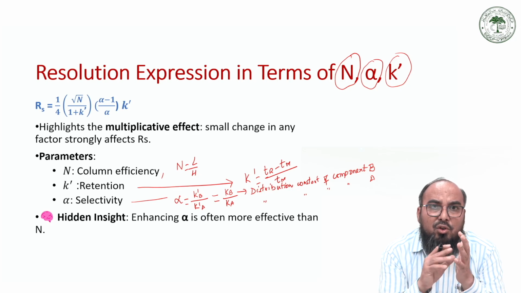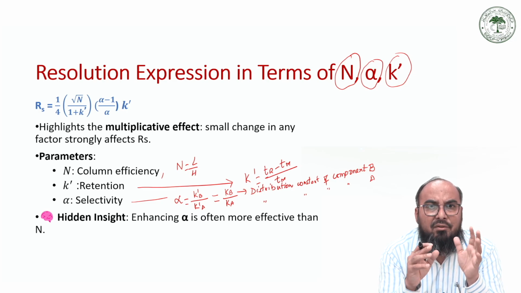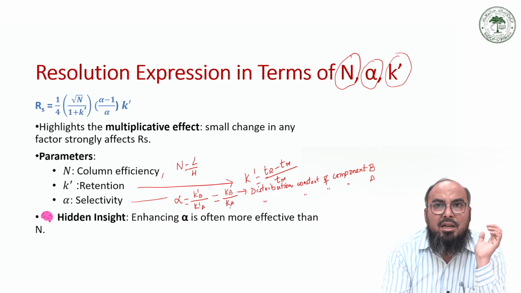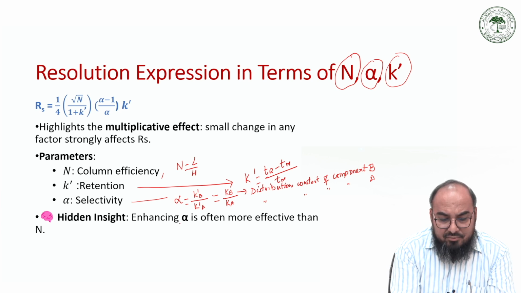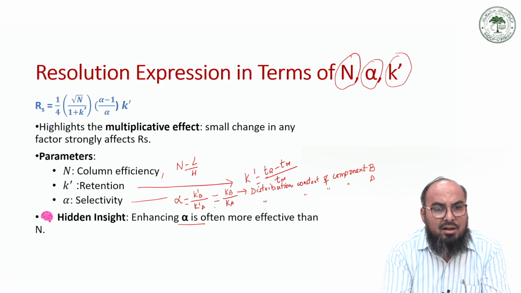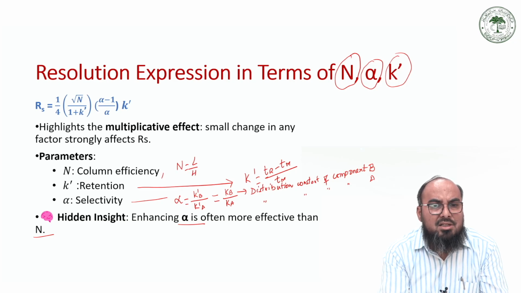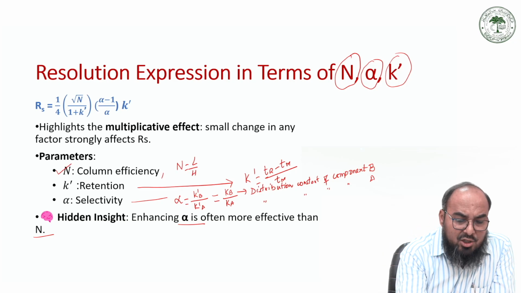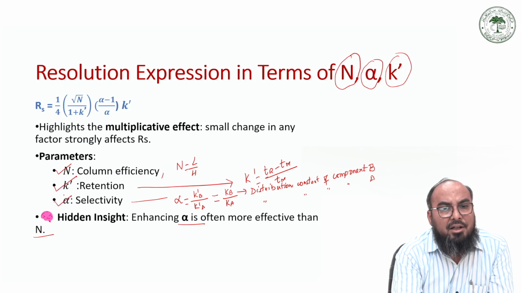So initially the first component which elutes is A, and the last component which is going to elute is B. So your selectivity is described in terms of KB upon KA or K dash B upon K dash A. What is the important thing, that by enhancing alpha we can have a more effective optimization rather than simply by increasing N. So this we are going to see in the coming slide, that how these factors actually interplay, that is N, column efficiency, retention factor, and the selectivity.